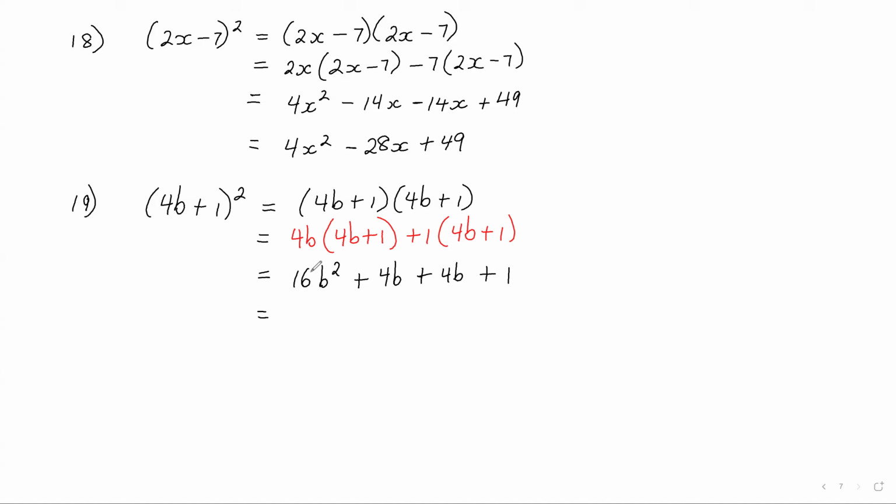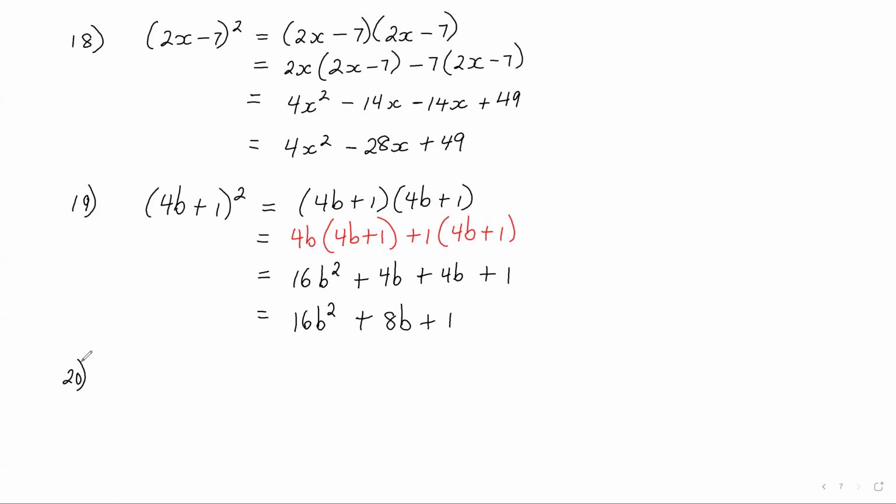And now I just simplify, right? Because I have two terms with b's here. So this first one will be the same. And then what about this? 4b plus 4b. 8b. That's right. Plus 1. And that's the answer, love. So it's exactly like the ones that you did before, in which you got all correct.